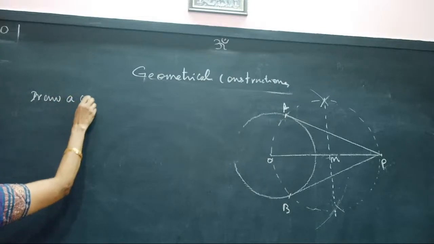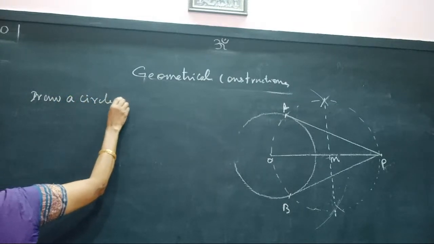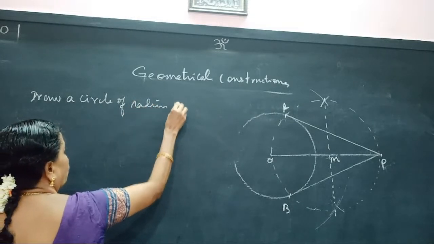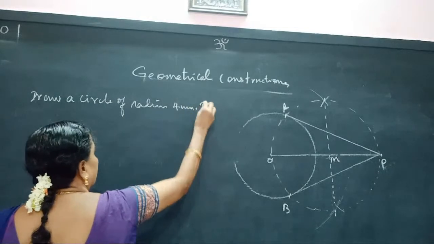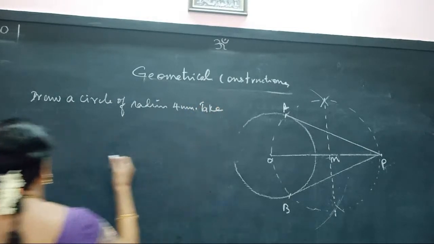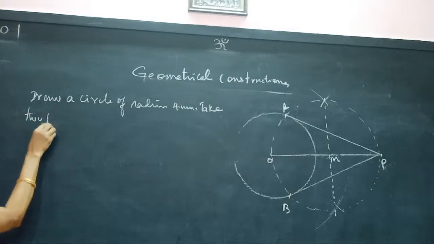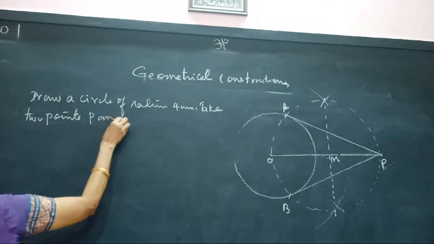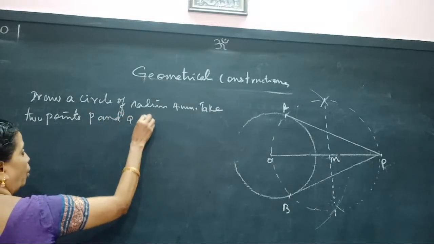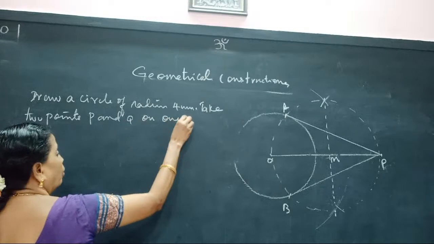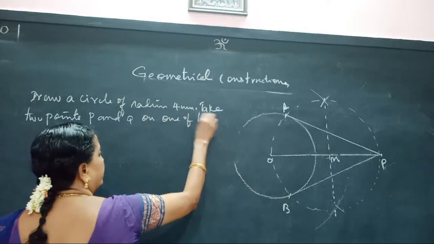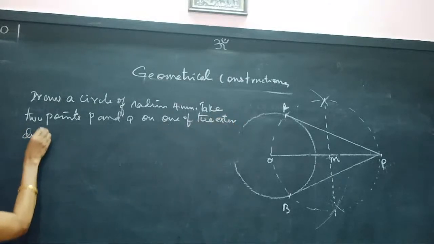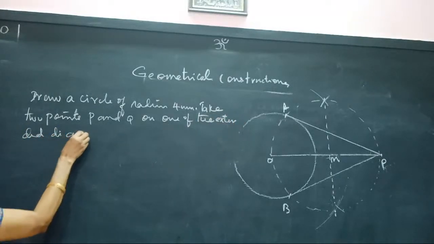Draw a circle of radius 4 centimeter. Take 2 points P and Q on one of the extended diameter.